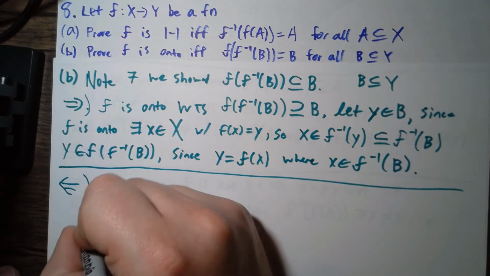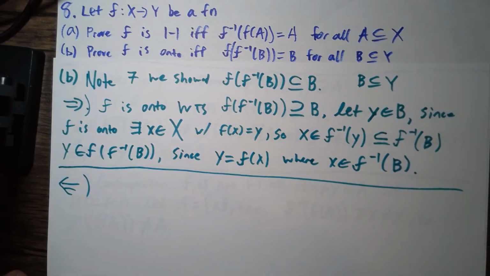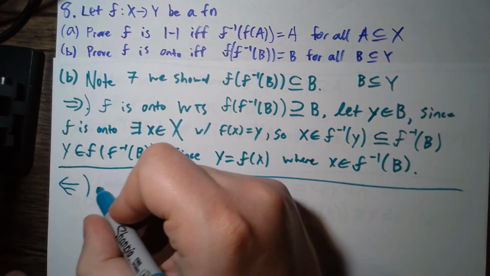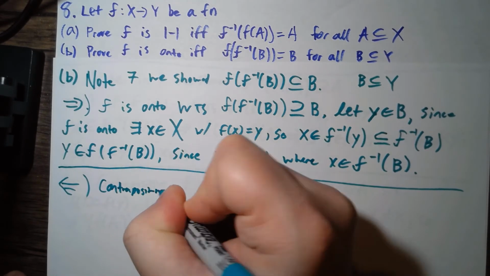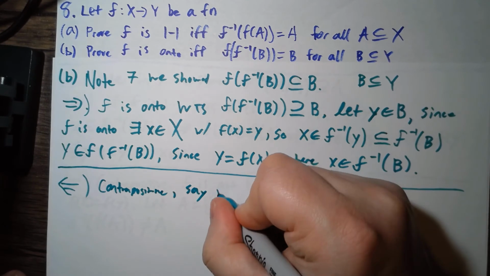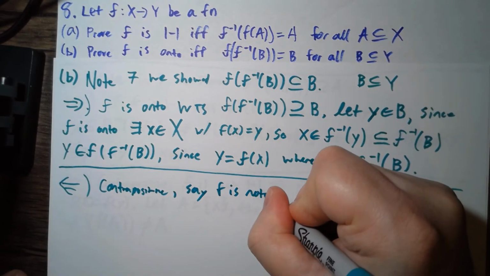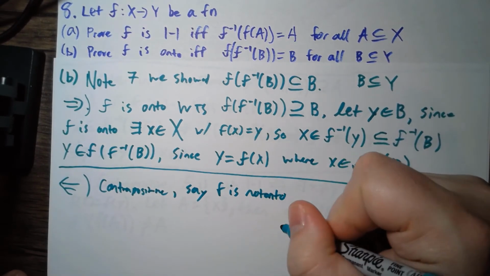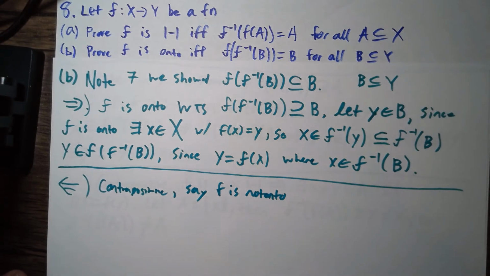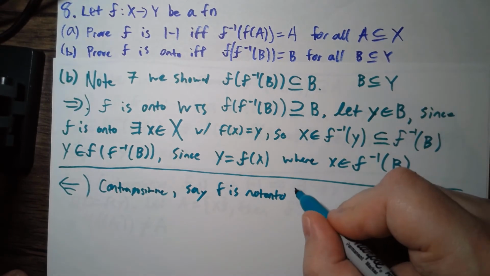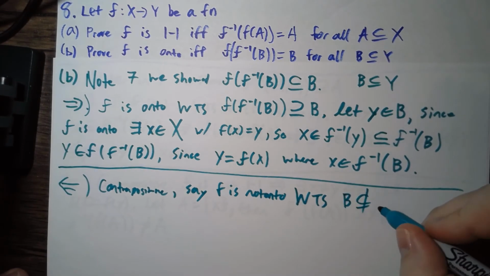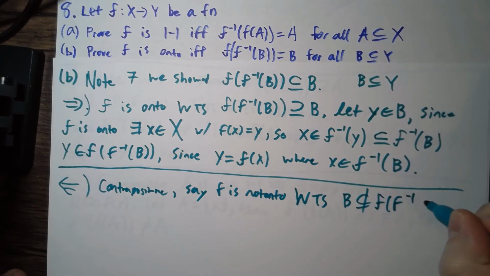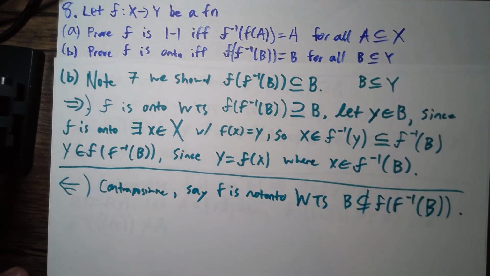And then proving the backwards direction, we do a very similar thing as last time. So the contrapositive. Say f is not onto. So if f is not onto, what does that mean? Then we want to show that B is not a subset of f of f inverse of B. This is our goal.